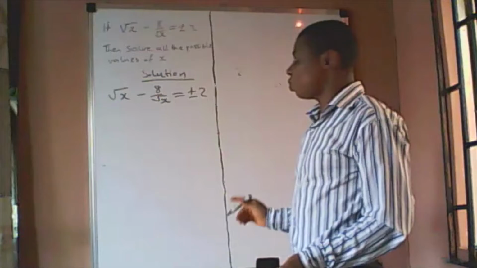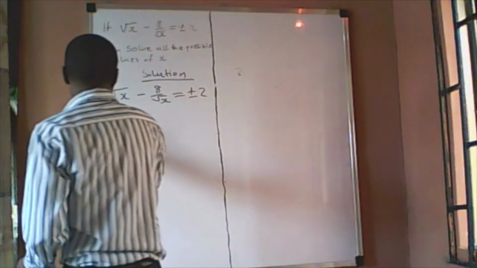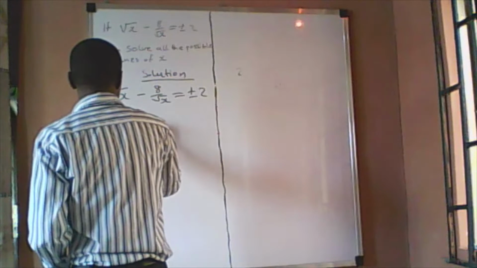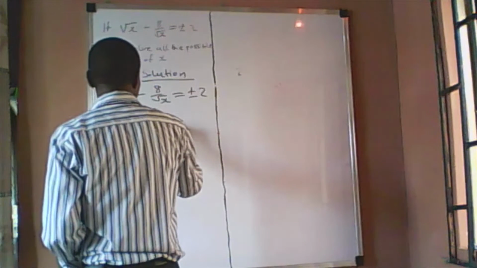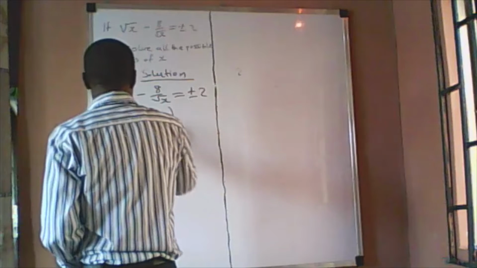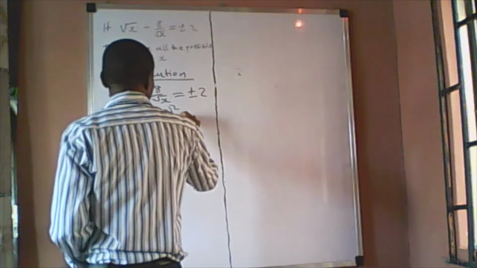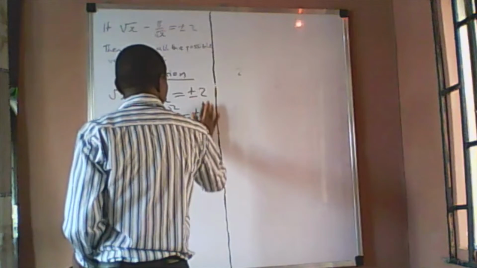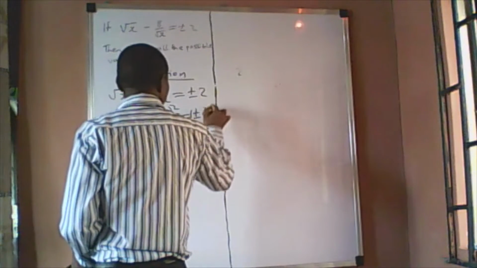If we do that, it implies root x minus 8 over root x, all in parentheses, power 2 is equal to plus or minus 2 squared.